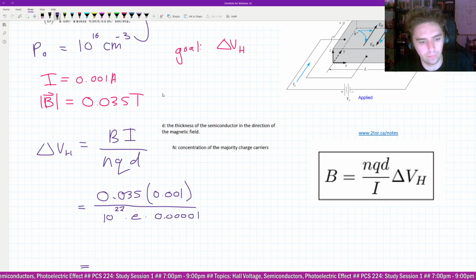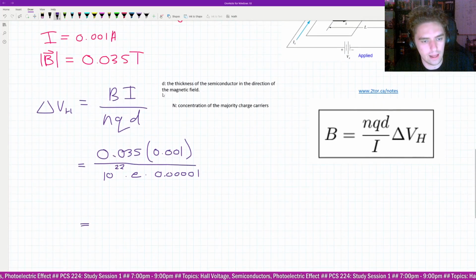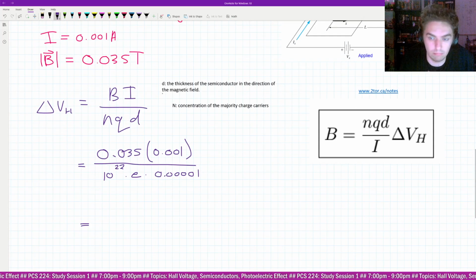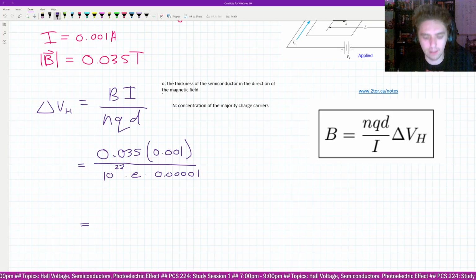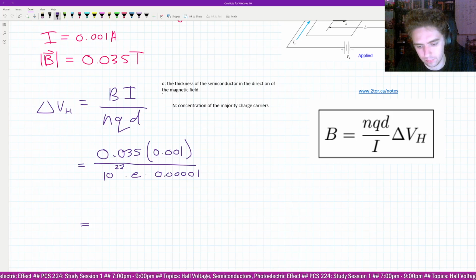There we go. Okay, so we have that. That's just something I can plug in, I think. Let's see. So it's 0.035 times 0.001, and then I have 10 to the 22 times, and now you've got to remember what E is. So it's 1.607 times 10 to the negative 19.